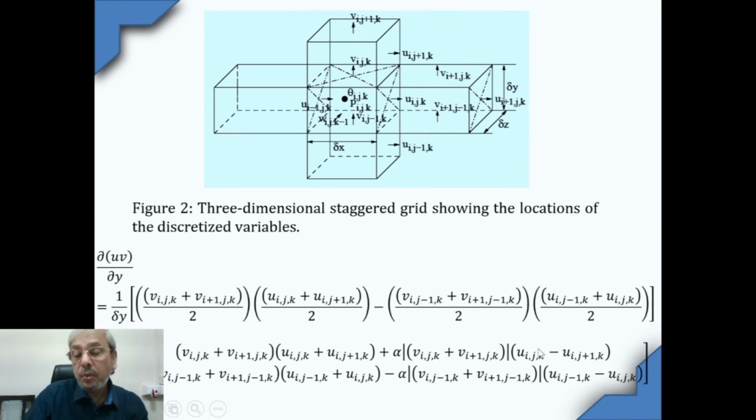Again we go for upwinding, and the contribution of the upwind factor is alpha, and we make this locally this v plus this v by 2.